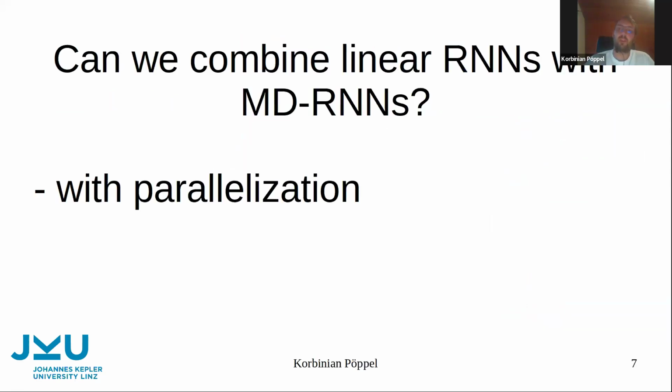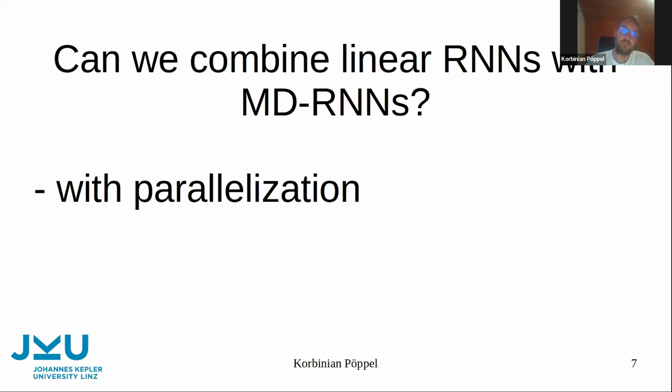So, can we combine the ideas from linear RNNs that have emerged in the past years with these multidimensional RNNs? And we want to have parallelization, so we want to be hardware efficient.